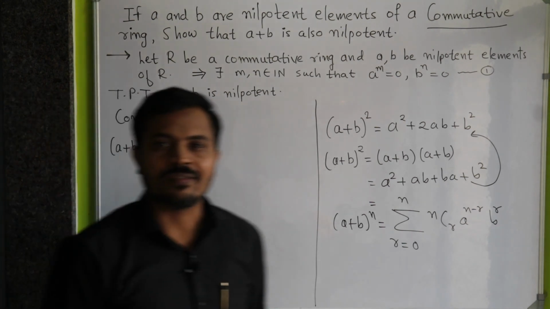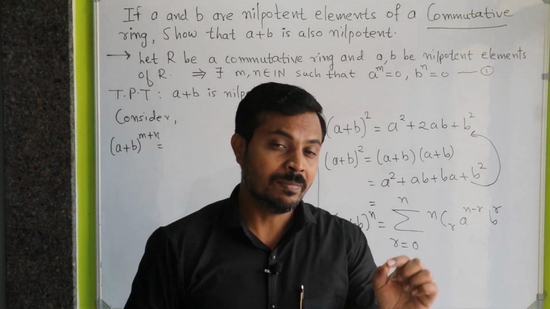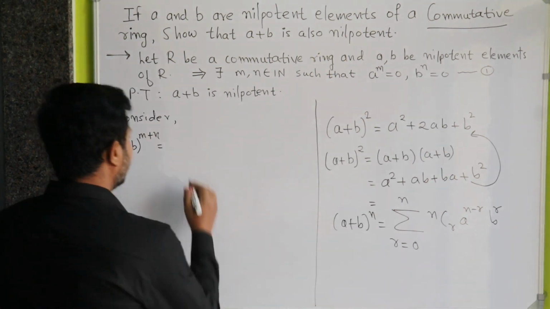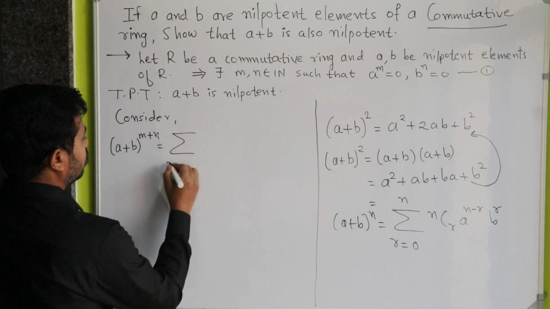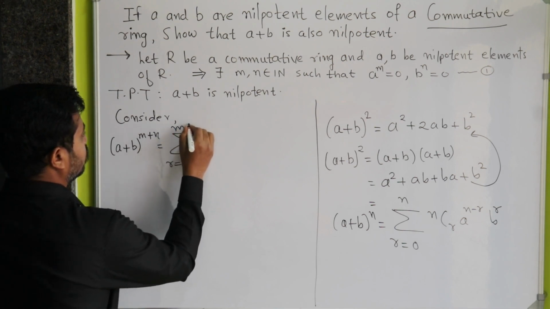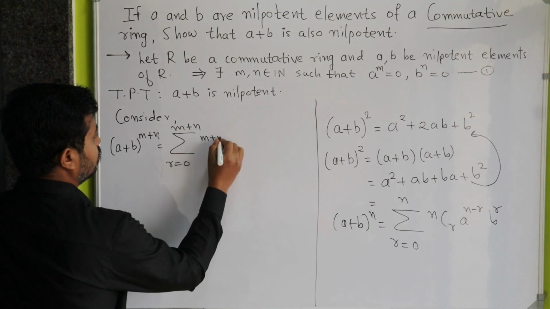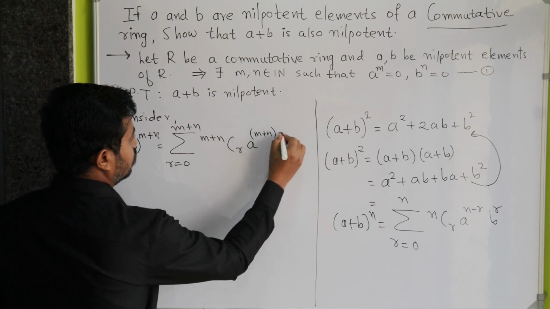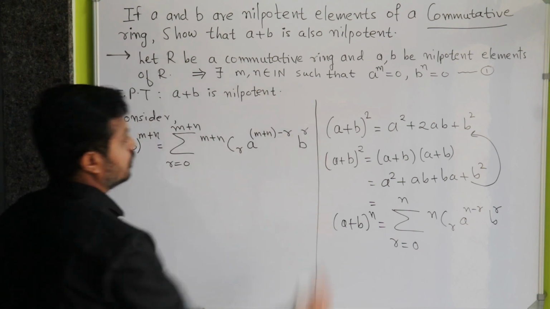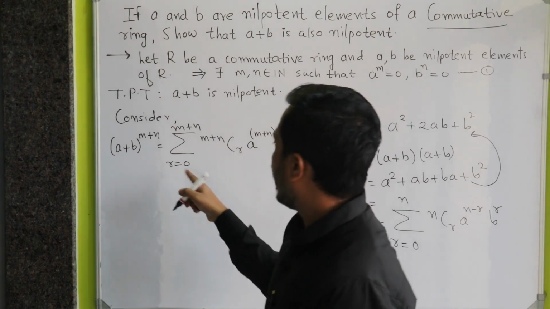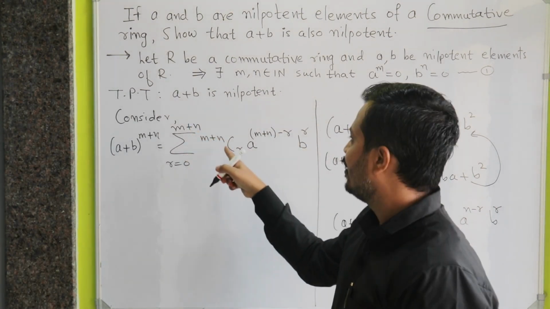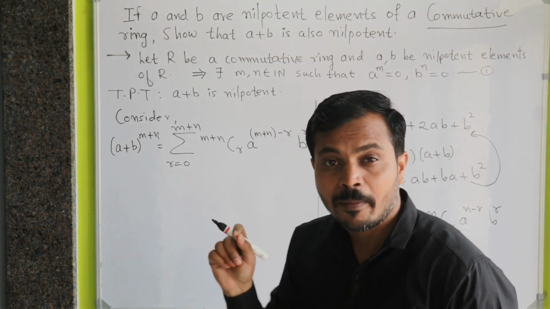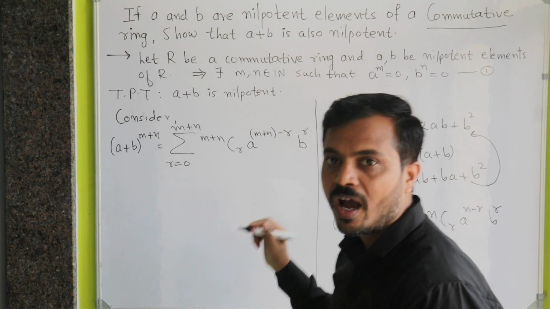But by the binomial theorem, what will be this expansion? Remember, this binomial theorem is true because the ring is commutative. So this is equal to summation r running from 0 to m plus n, (m plus n)Cr, a raised to m plus n minus r, b raised to r.